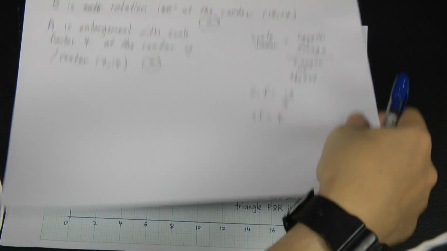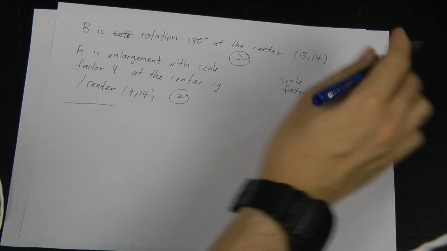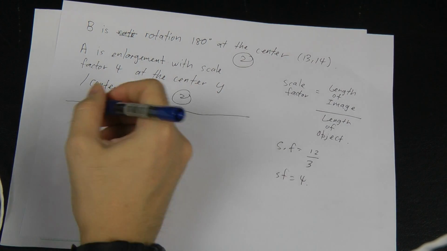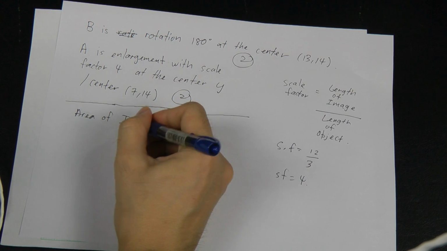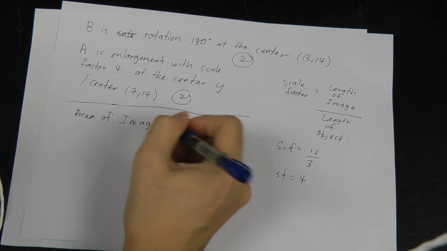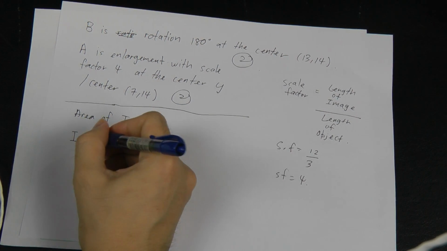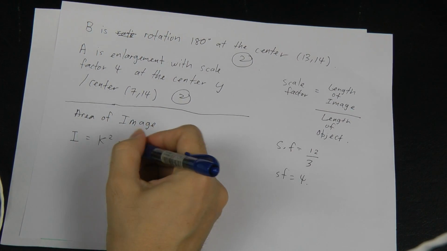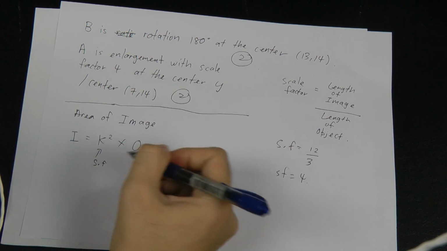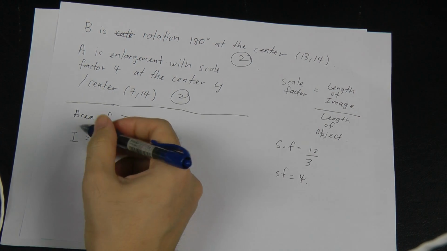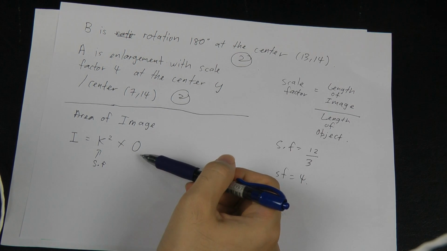So over here, you will learn a new formula for area of enlargement. In order to find the area of the image after enlargement, there's a formula. I'm going to call it: area of image equals k squared multiply area of object. K over here is the skew factor. So you just square the skew factor and then multiply the area of object.